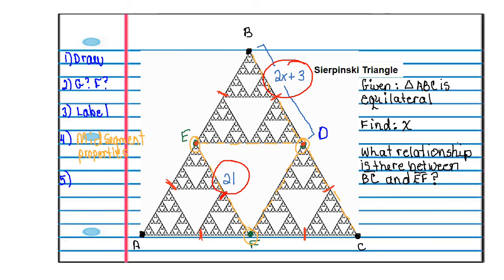And that's how we're going to set up the math, that the first line segment, BD, is congruent to EF and also parallel. So we're just going to replace it with the algebra, 2x plus 3, and it's going to equal 21. And then we're just going to solve.